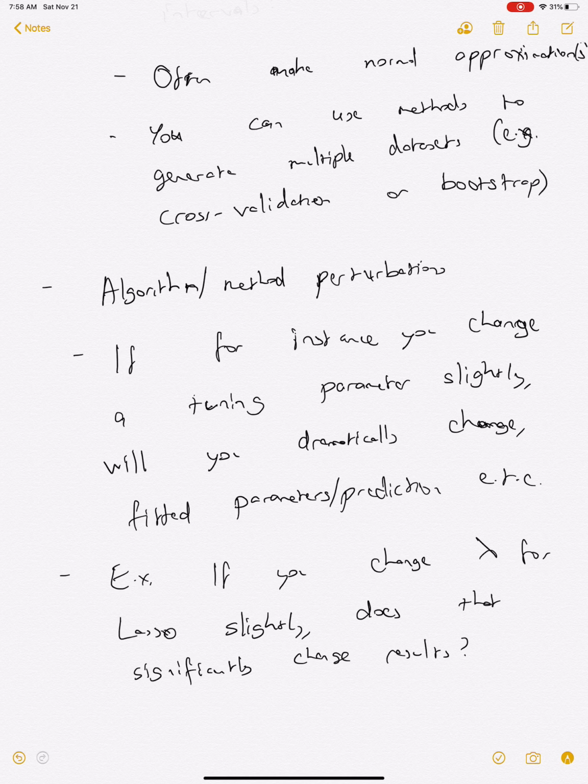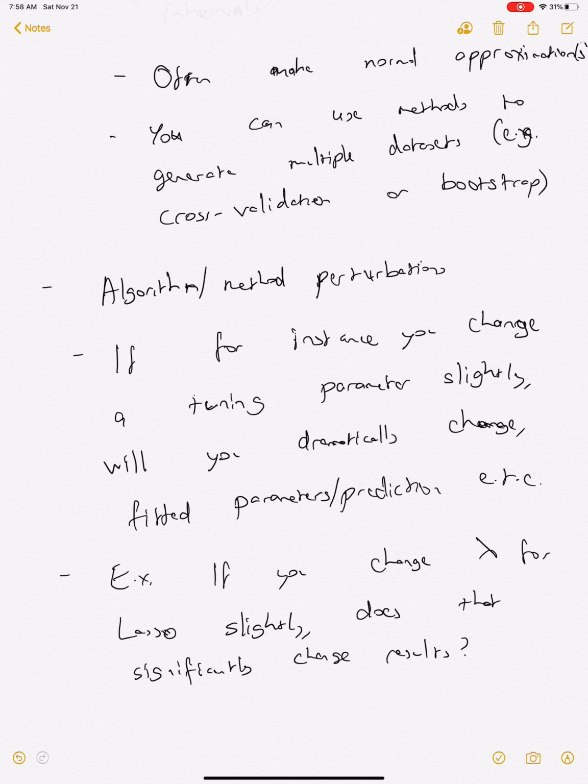So I just wanted to mention that, in addition to what I mentioned to you earlier, there's a lot of design choices that you make as you go along, and for a lot of these there's no clear right answer. This is a choice you made, and so if you change that choice in terms of designing your algorithms, will that dramatically change the results?